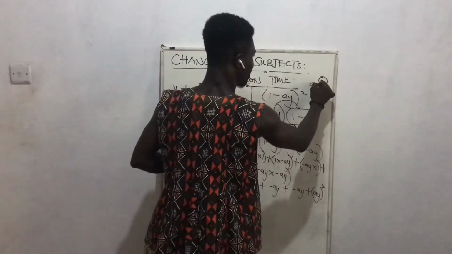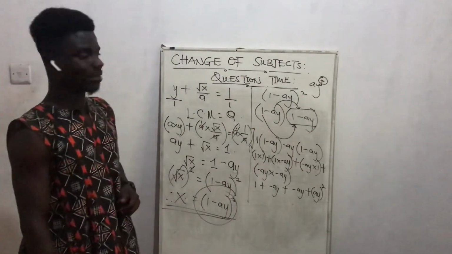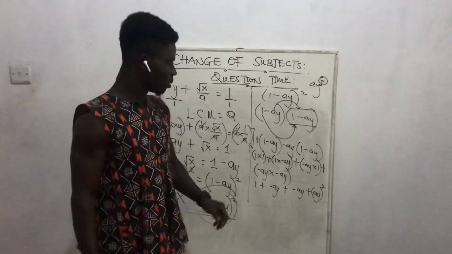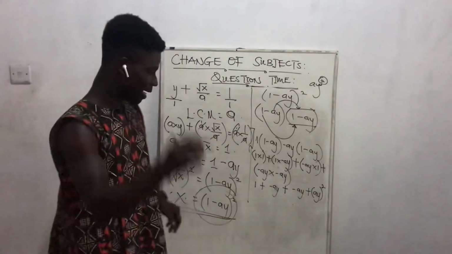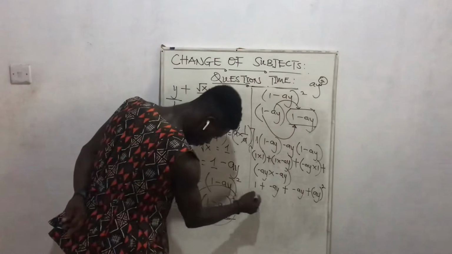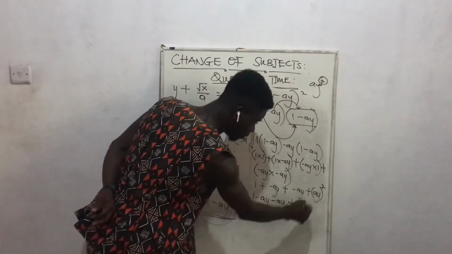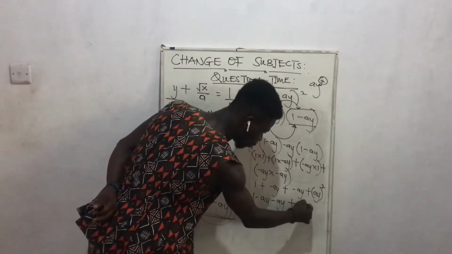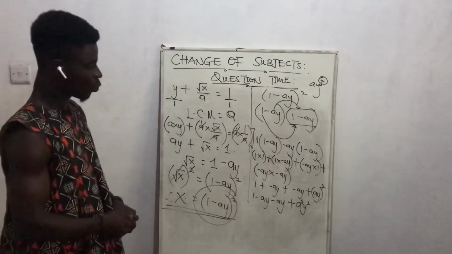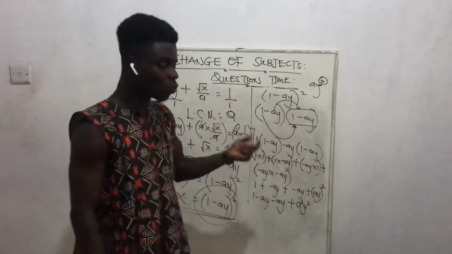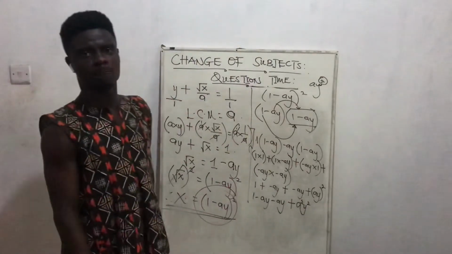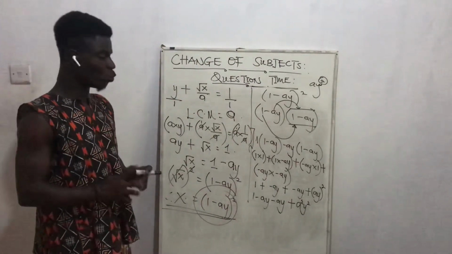This square is affecting only y, but not a. But when you write ay all squared, it means here we have 1 minus ay minus ay, then plus a squared, then y squared. The squared is affecting a, and also affecting y. Algebraic expression. Don't joke with it.